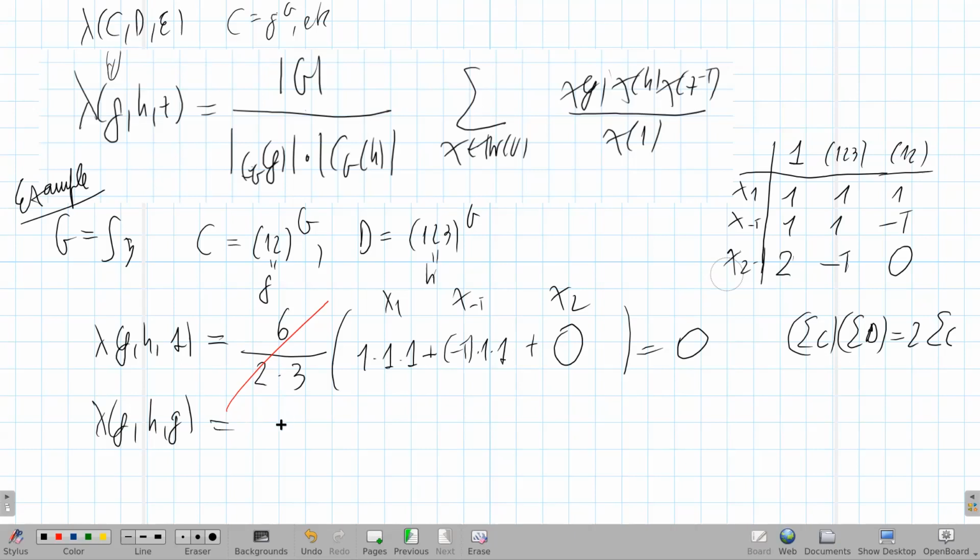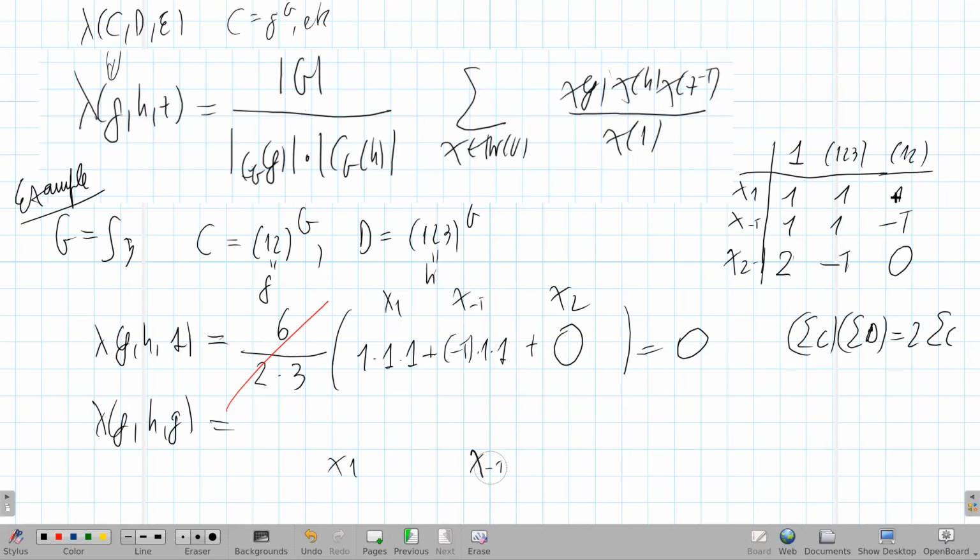In front I have a 1, so I'm not writing it because this does not depend on Z. This time Z is the same as 1, 2.